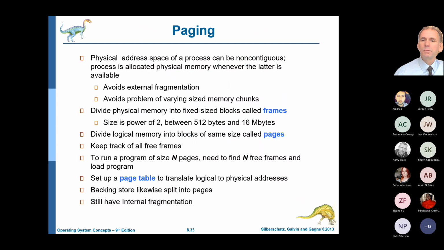So we split up each program into pages. We split up logical memory into pages. We split up physical memory into pages. We decide how big each chunk is. So that's a frame, somewhere between 512 bytes and 16 megabytes.